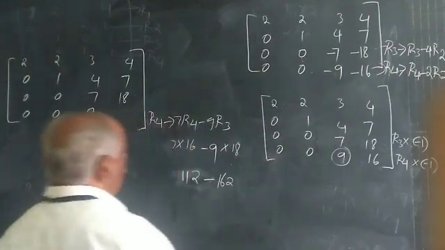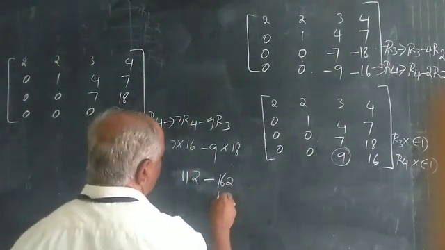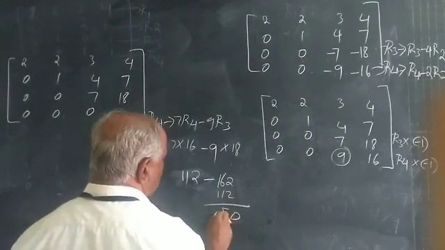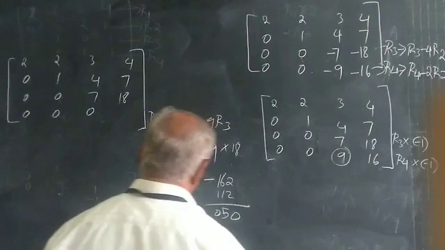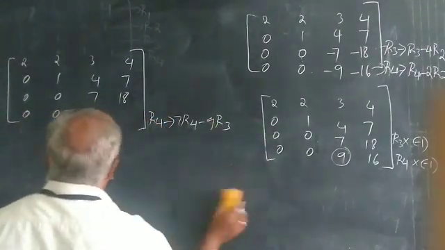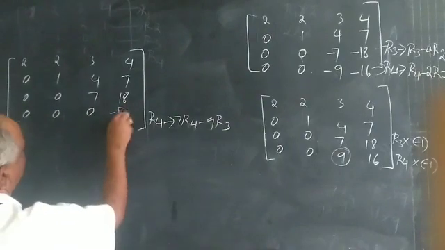Now 112 minus 162, so that value is minus 50.